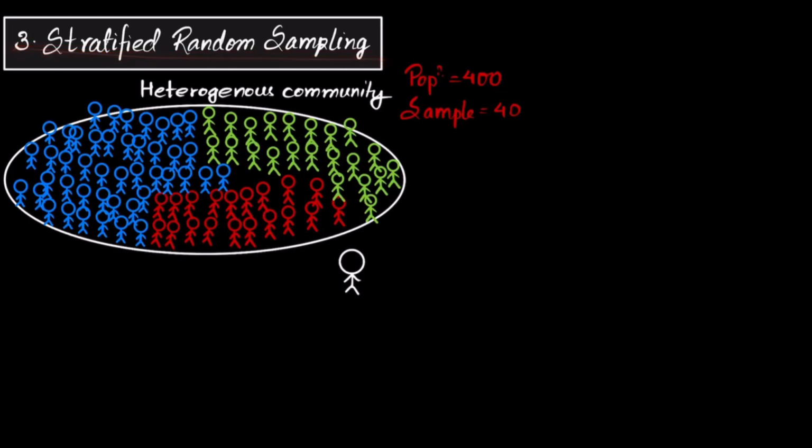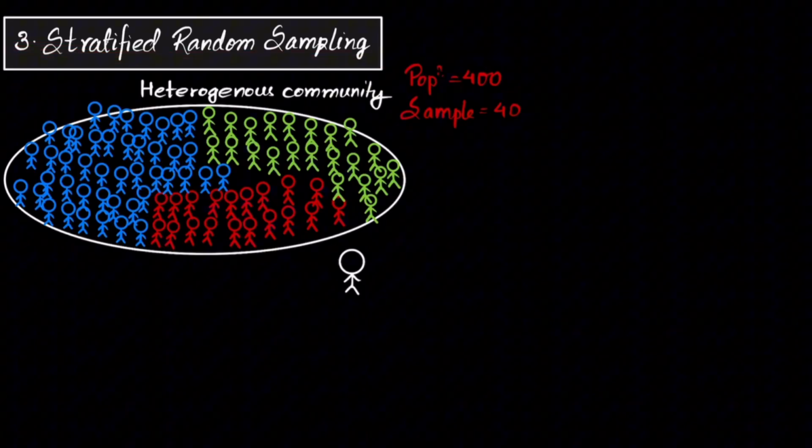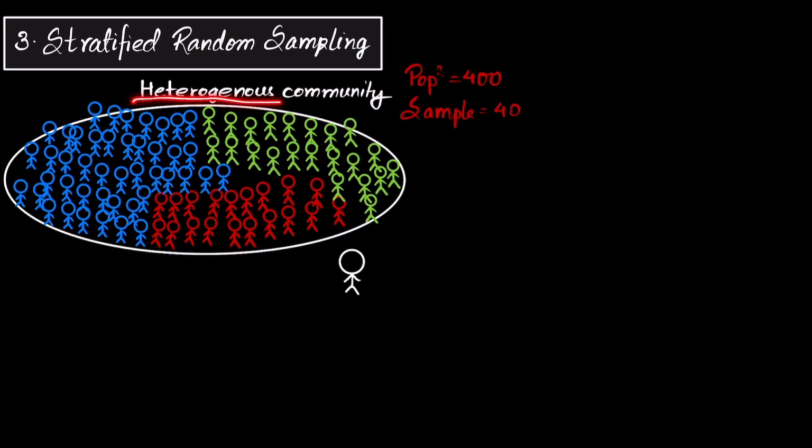Stratified random sampling is the best sampling technique that is used for a heterogeneous community. In stratified random sampling, first stratification is done by the surveyor. That is, the heterogeneous community is divided into strata or subgroups that are homogeneous.